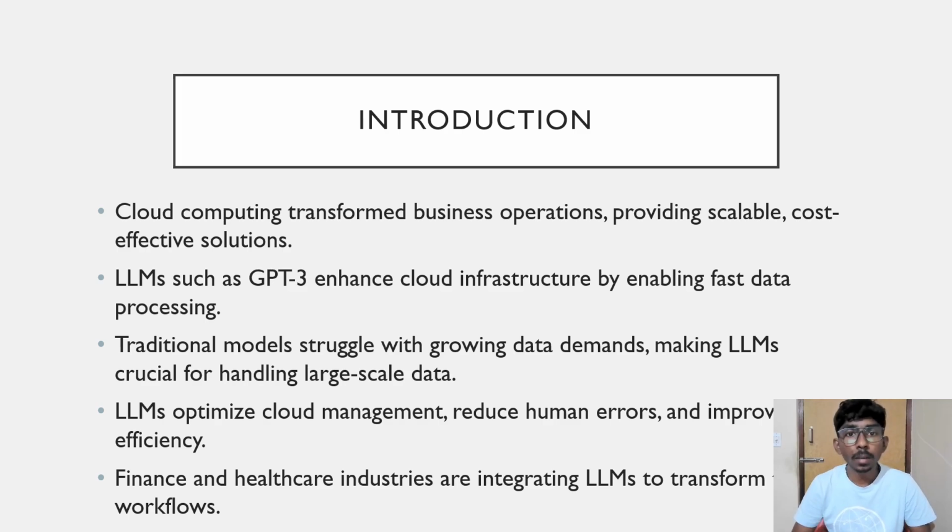Introduction. Cloud computing transformed business operations, providing scalable, cost-effective solutions. Like as we can see in Amazon, there is a lot of products available, and we can list all of them, and all the users can see the same products at a time without any problem or without any lag. So this was the scalability feature of cloud computing, and LLMs such as GPT-3 enhance cloud infrastructure by enabling fast data processing.